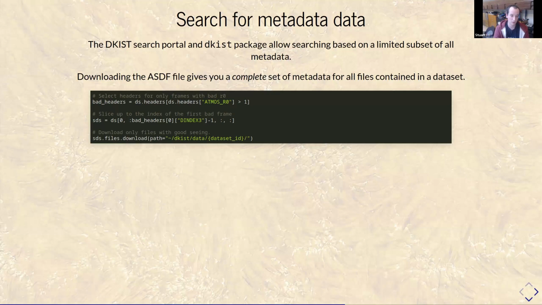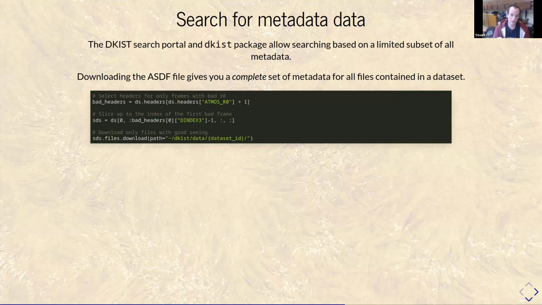So we only download the first half of the data set where the seeing is good, and we don't download the second half of the data set. In this case, I think that saves us downloading about a couple of thousand FITS files, but in a significantly larger data set, that could have saved you gigabytes of download, and also saved us gigabytes of export from the data center.